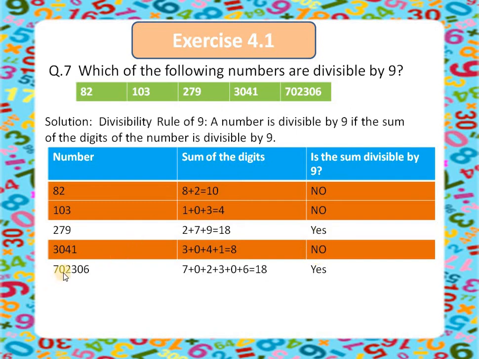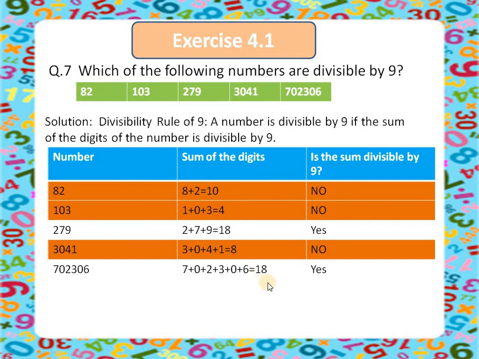The last number here, 7,02,306. Write down the sum of the digits. 7 plus 0, again we have got 7. 7 plus 2, 9. 9 plus 3 will give you 12. 12 plus 6 will give you 18.